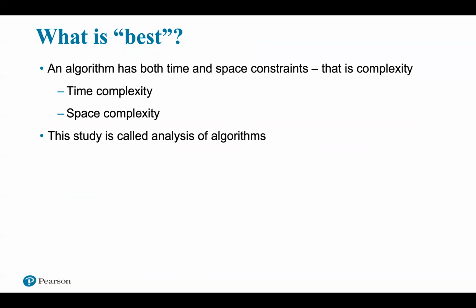So, what is best? Usually the best solution to a problem balances various criteria such as time, space, generality, programming effort, and so on. The process of measuring the complexity of algorithms is called the analysis of algorithms. We will concentrate on the time complexity of the algorithm because it is usually more important than the space complexity.